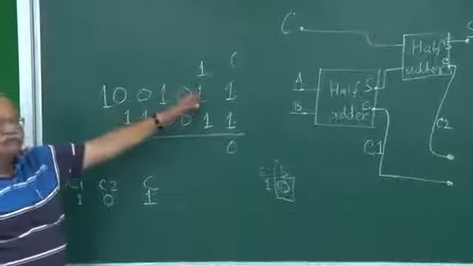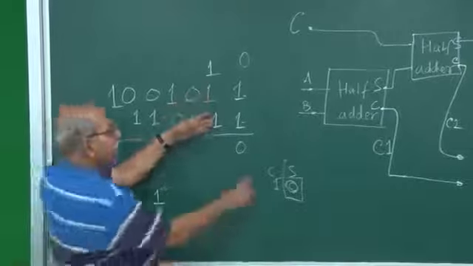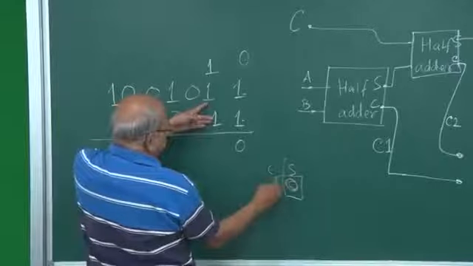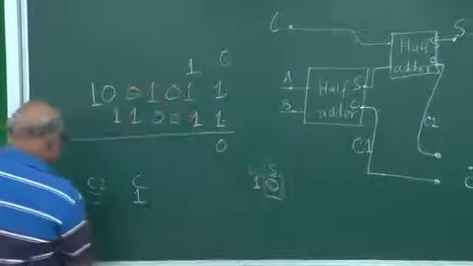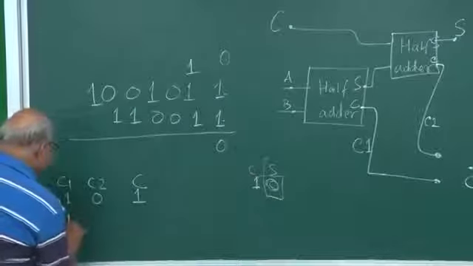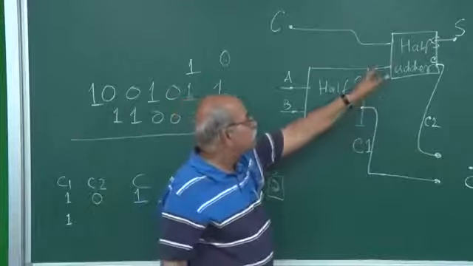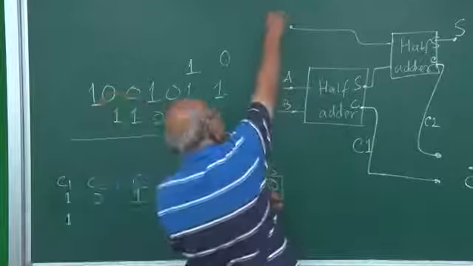Next comes this column. A, B. When you half add AB, once again you get sum as 0 and carry as 1. So C1 is once again 1. And what is C2? What is the sum here? The sum here is 0. And what is this initial carry?